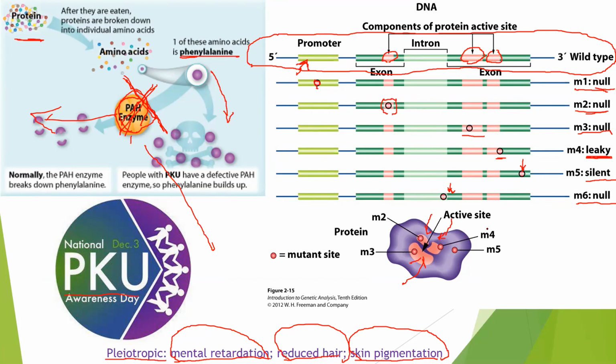But if something goes wrong in that region, this will affect the accuracy of the RNA splicing, so this can also affect the gene expression. So this is the molecular basis for how different alleles can come from different versions of mutation of a wild type allele. I hope this is clear to everyone.